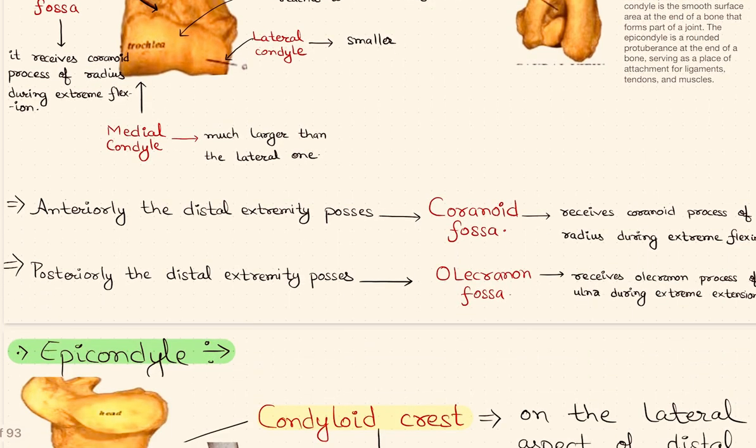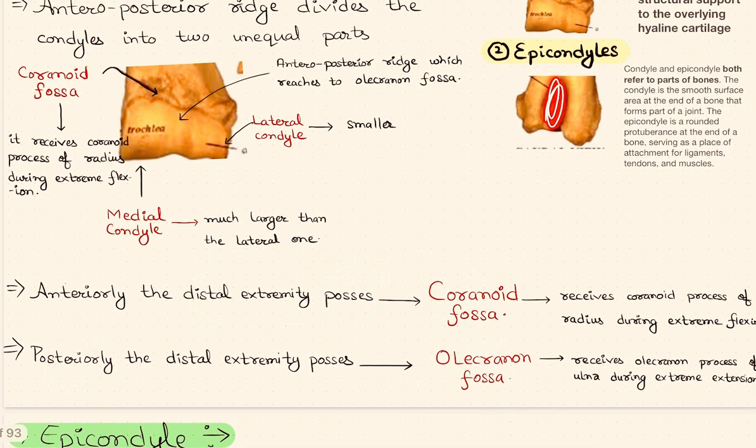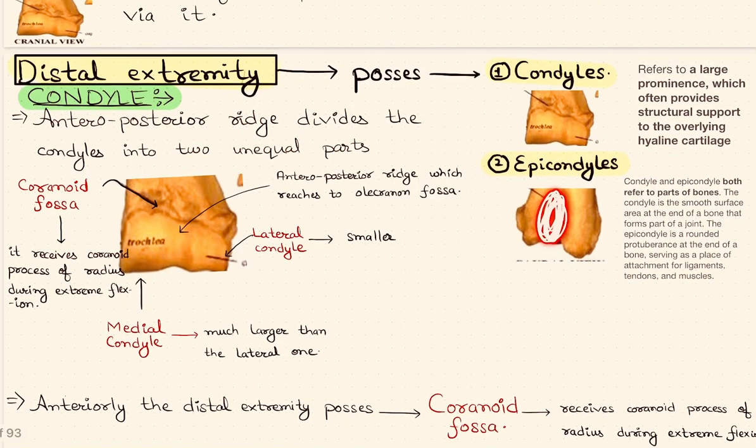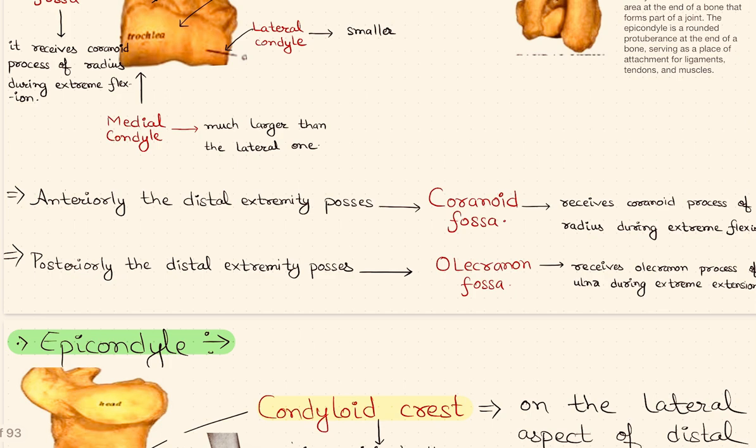Now anteriorly, the distal extremity possesses the coronoid fossa and posteriorly it possesses the olecranon fossa. This is the posterior of the distal extremity. This is the anterior of the distal extremity. In the posterior, we have the olecranon fossa, and in the anterior, which fossa? Coronoid fossa. During flexion, what happens? What is flexion? Taking your forearm towards your arm.